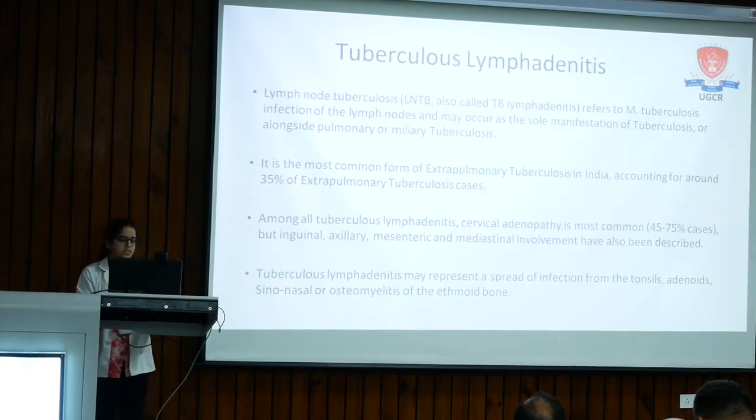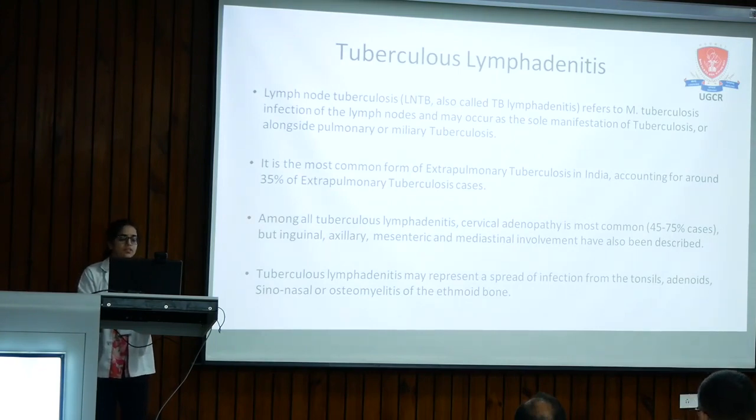Tuberculous lymphadenitis. Lymph node tuberculosis refers to Mycobacterium tuberculosis infection of the lymph nodes and may occur as the sole manifestation of tuberculosis or alongside pulmonary or miliary tuberculosis. It's the most common form of extrapulmonary tuberculosis in India, accounting for around 35% of extrapulmonary tuberculosis patients.